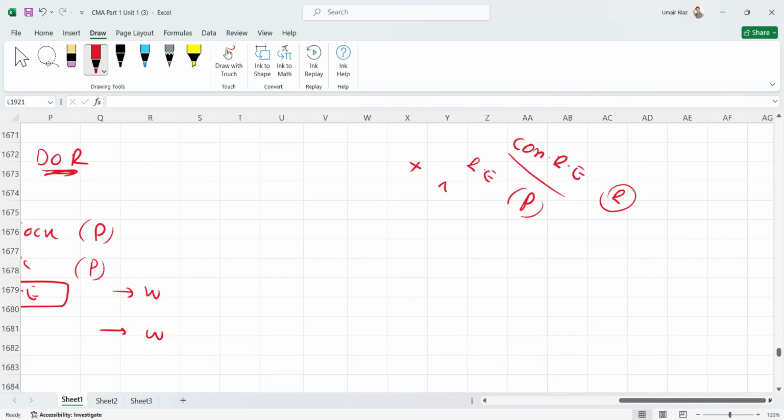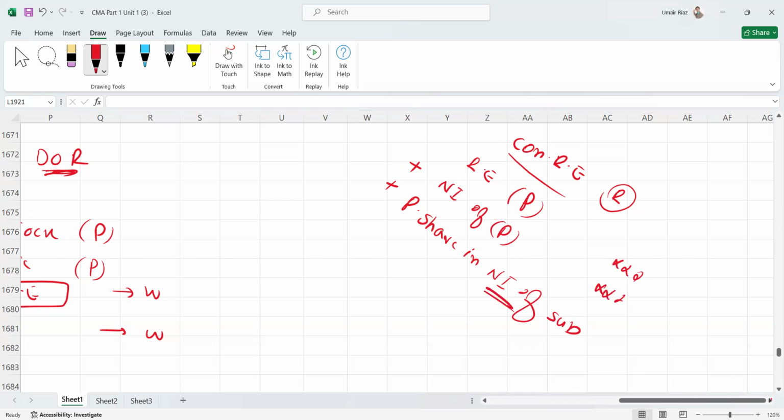Then you will add net income of parent, from the parent's individual income statement. Then you will add parent's share in net income of subsidiary. This you have to add in consolidated retained earning, right?